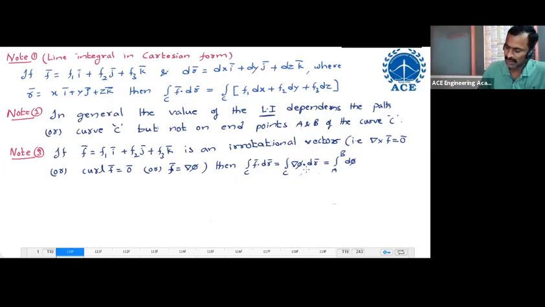So del phi dot dr bar is the same as d phi. Integral of d phi is phi from a to b. This is equal to phi of b minus phi of a only.